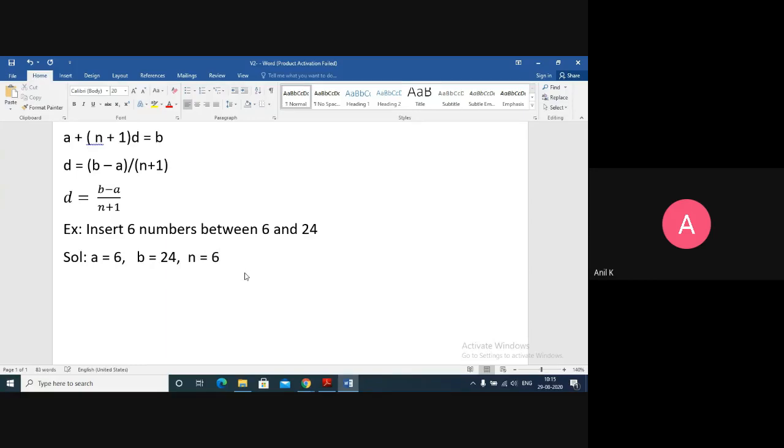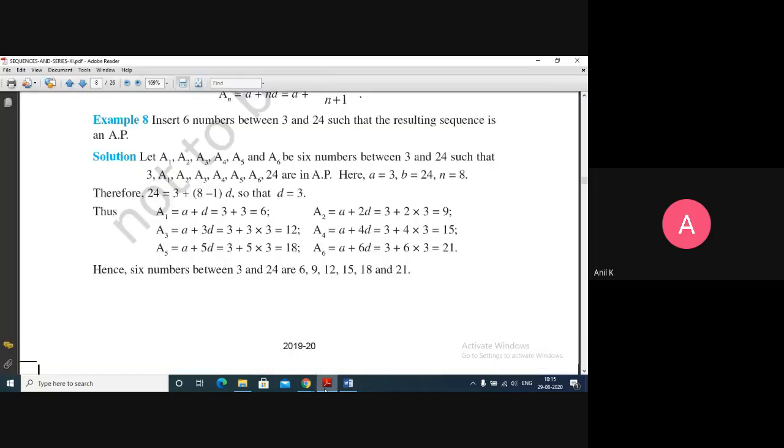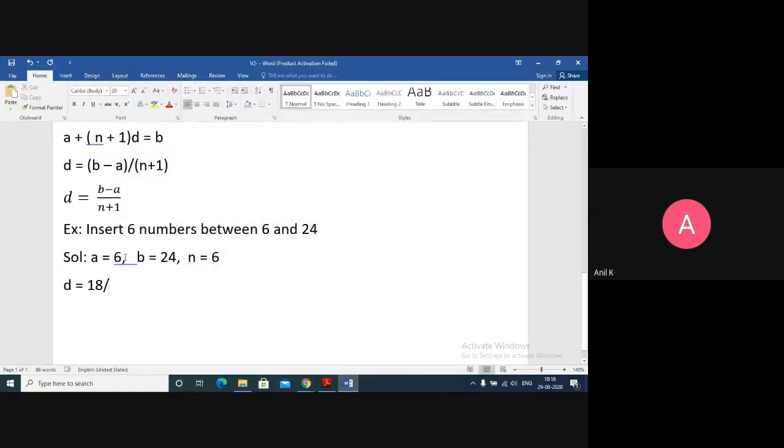Now we are going to find the D value. D is (B minus A) upon (n plus 1), that is 24 minus 3, which is 21, upon 6 plus 1, which is 7, which equals 3. I got D value as 3.